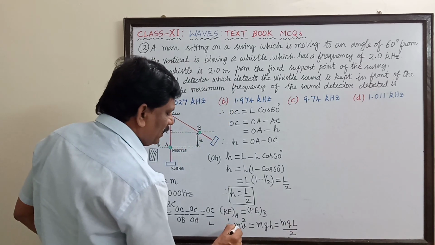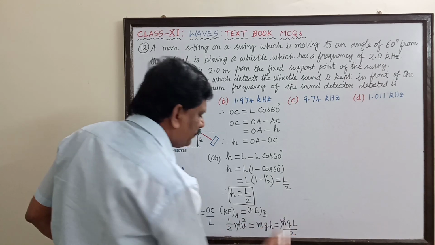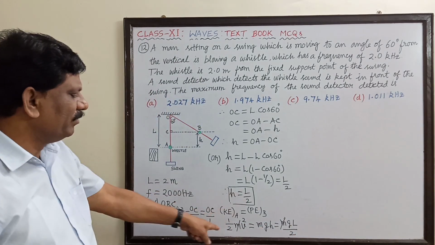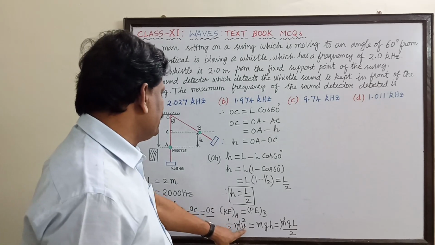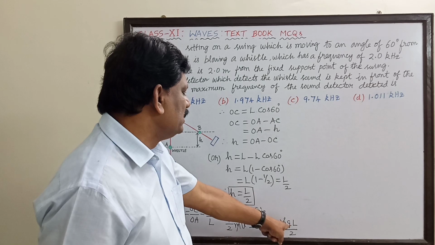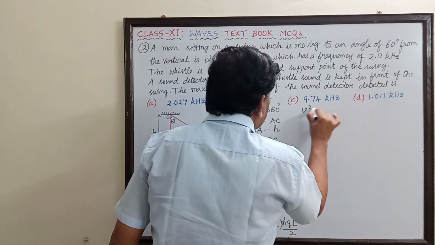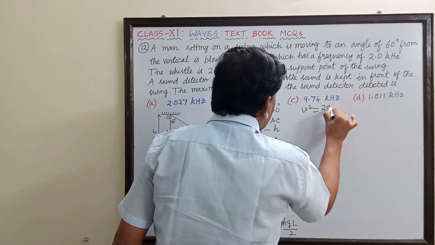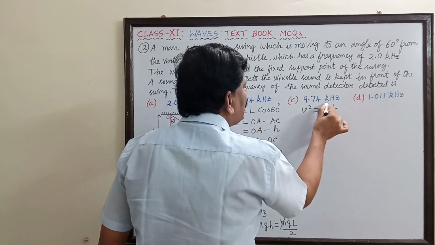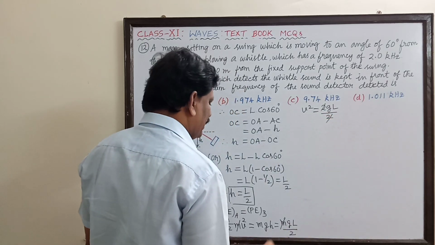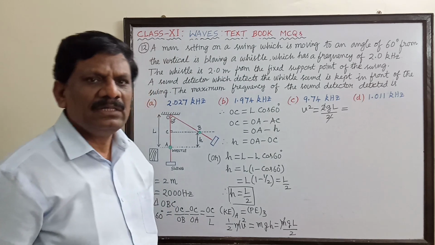The m term can be cancelled. So v squared is equal to 2 into g into L by 2. The 2 and 2 get cancelled, so v squared is equal to g L.